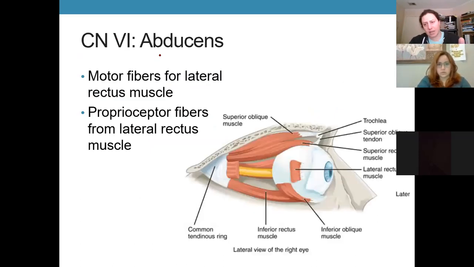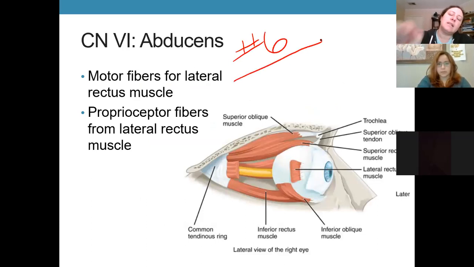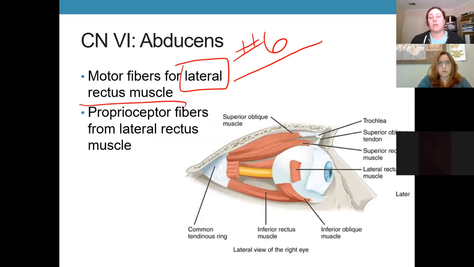Now the 6th one, cranial nerve 6, is the last of the control of the extrinsic eye muscles. It's called abducens. It only controls the lateral rectus. So the lateral rectus is the muscle that lets you turn your eye laterally. So using the right one, and then I'm using the left one.